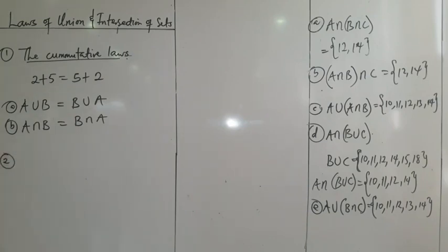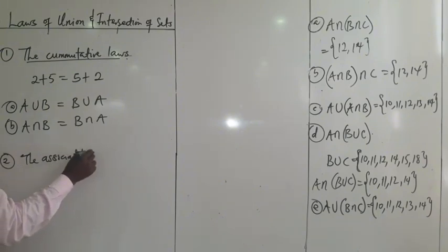Then the second one is associative law. Under associative law, it's like when you have, for instance, 2 plus 3 plus 5. That means it's associative law.